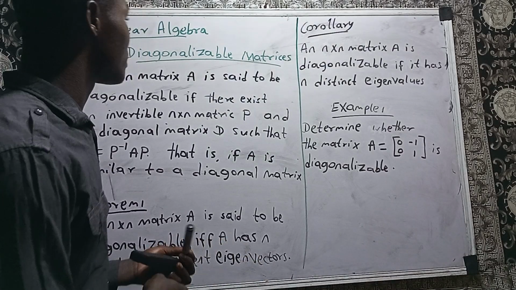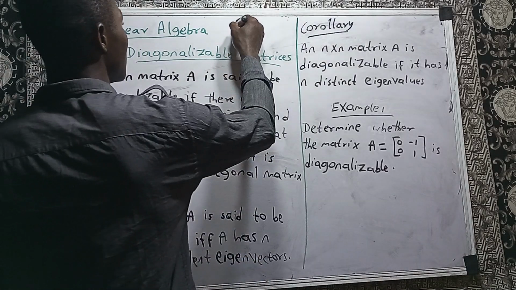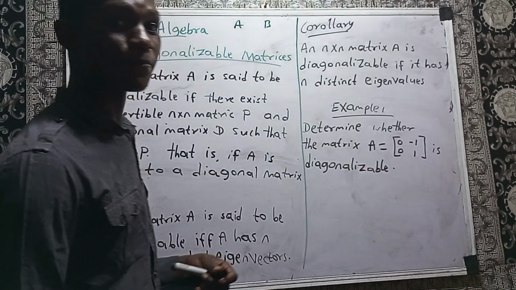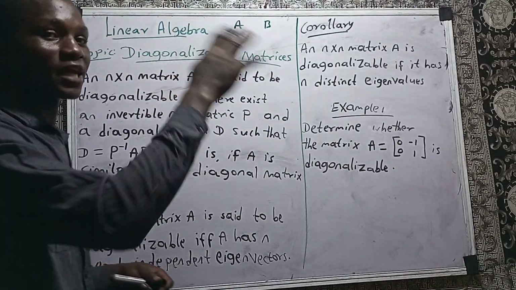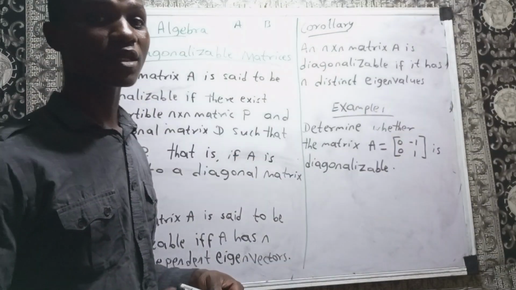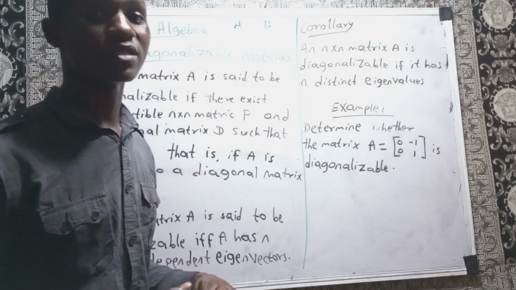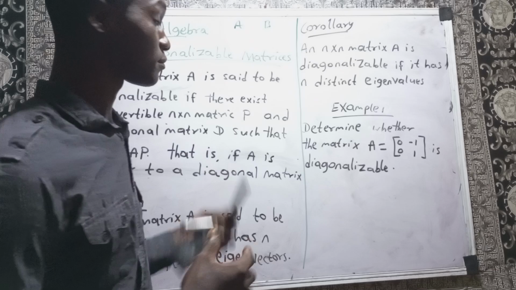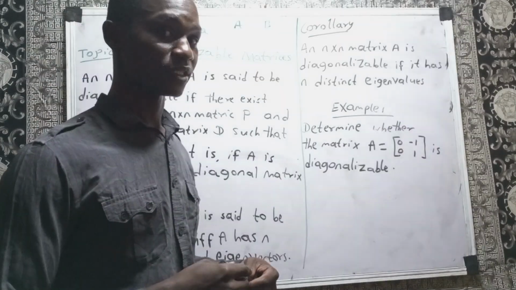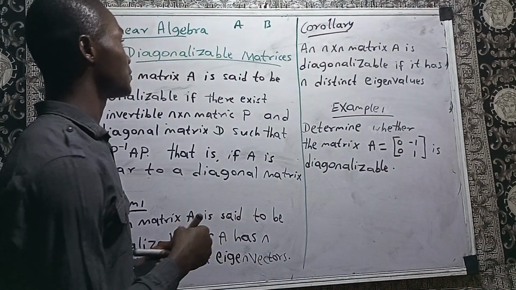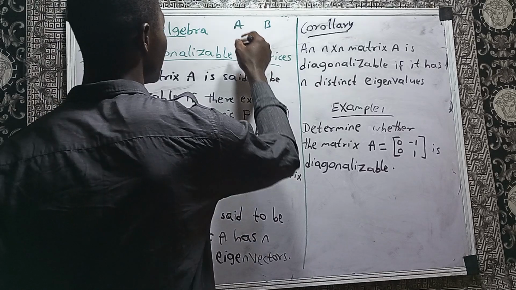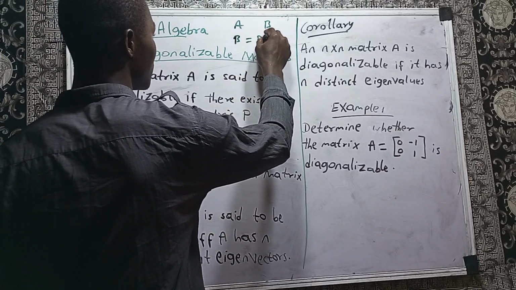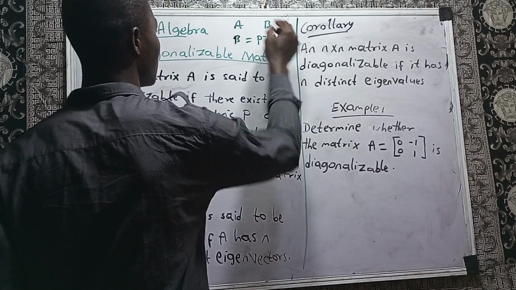When we study the similarity of matrices, if you have two matrices, let me say matrix A and matrix B, then matrix A is similar to matrix B if you can find an invertible n by n matrix, that's a square matrix, you can call it P, such that this matrix B is equal to P inverse AP.